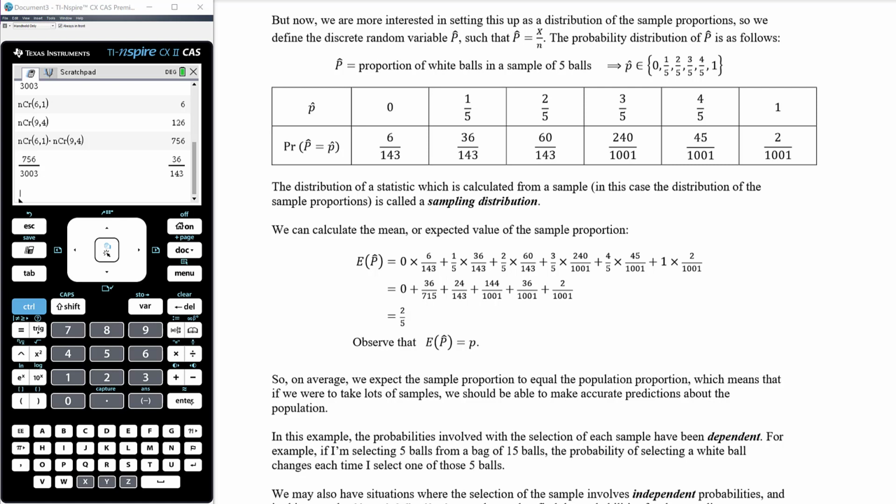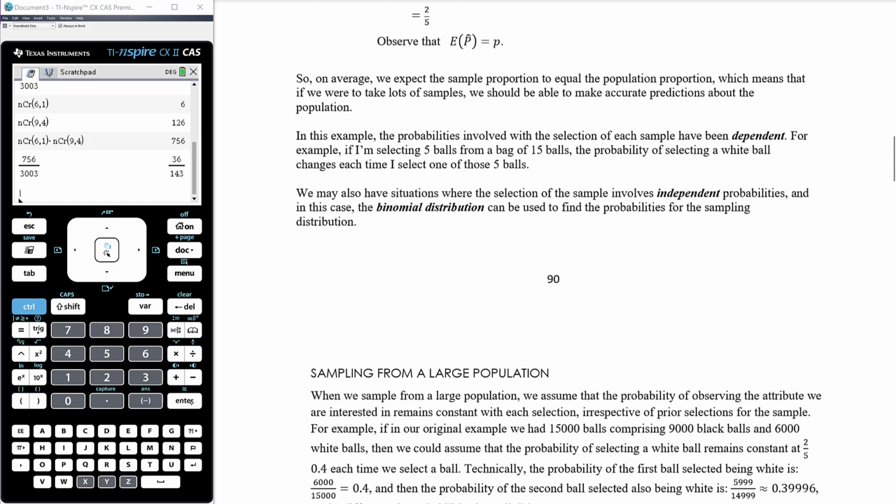So if the expected value gives the population proportion, then if we were to take lots and lots of samples, we should be able to get close to the population proportion on average. So on average, we expect the sample proportion to equal the population proportion, which means that if we were to take lots of samples, we should be able to make accurate predictions about the population.